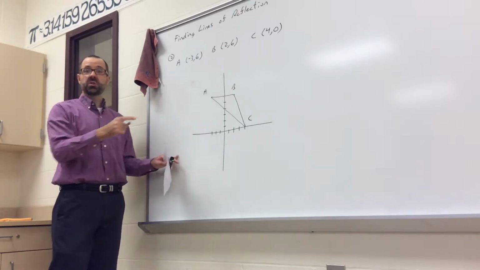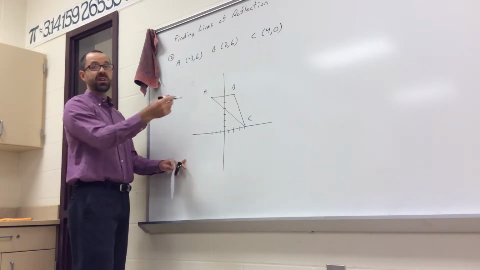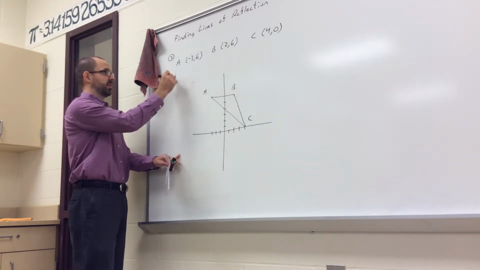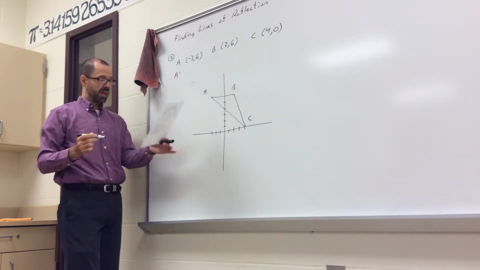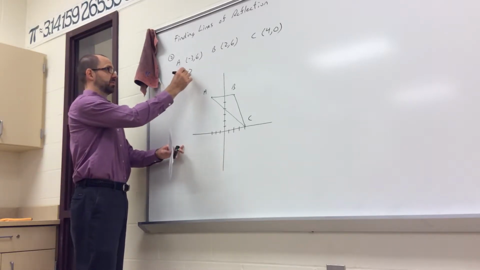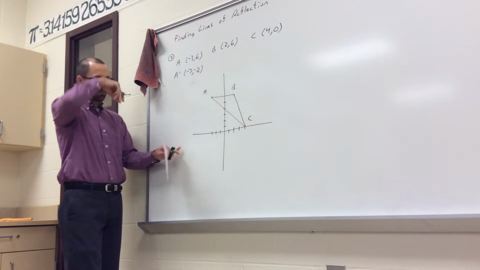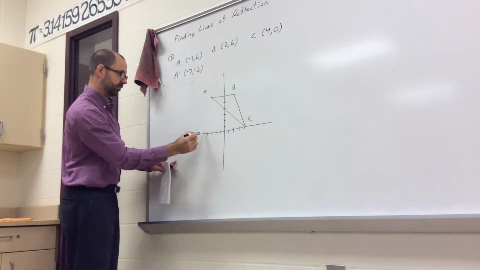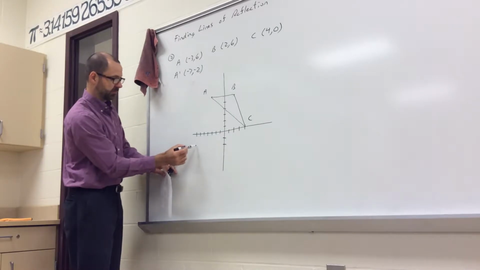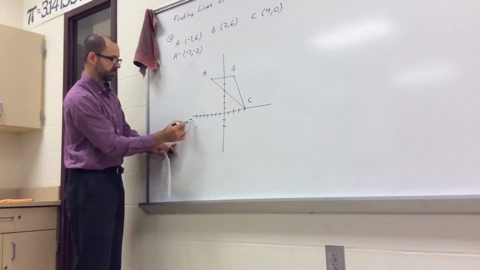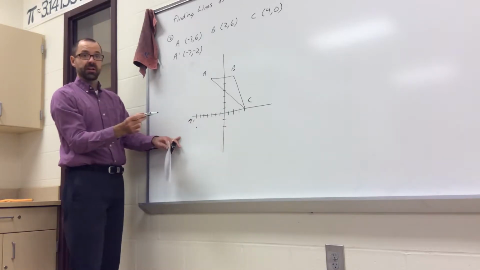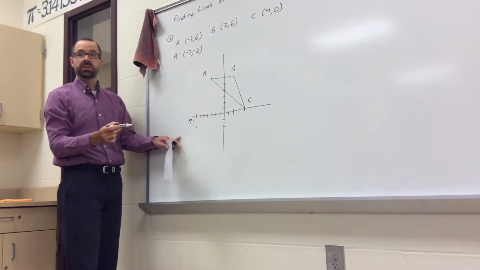And what we're going to do on this one is, well, actually, it's already been reflected. So this is a reflection. And the image point for A is at negative 7, negative 2. So there's the pre-image for A, and it's getting reflected down to there at negative 7, negative 2.